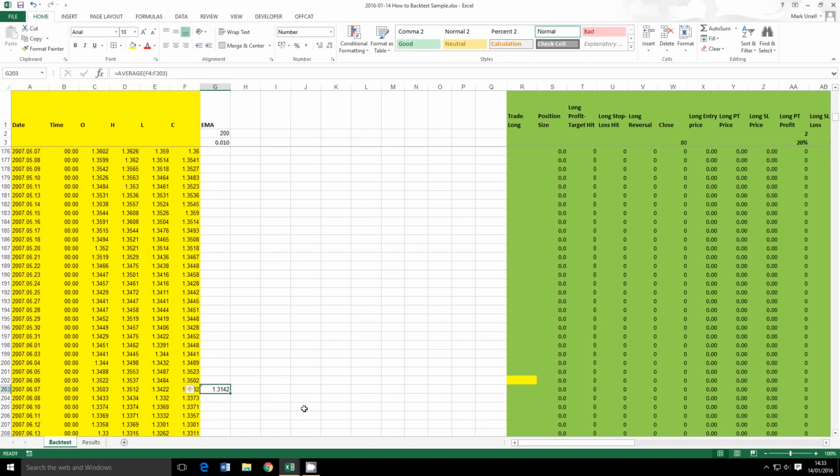Okay, so this is also called, for most traders, the SMA, or simple moving average. Now, for the next value, we're going to use a slightly different formula, and this is the current close minus the previous average.